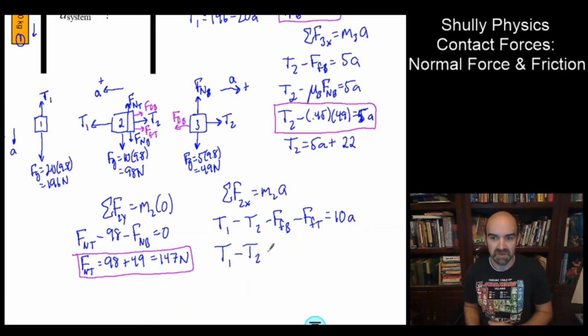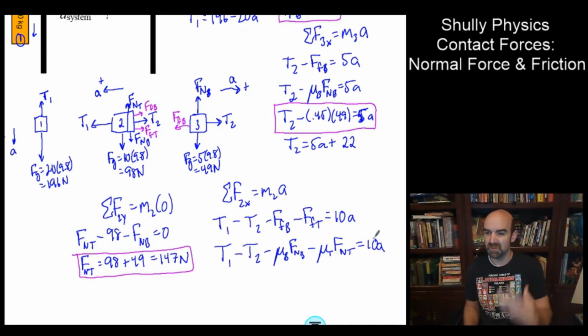let's substitute. This is the kinetic friction, so this is mu B times the normal force of the blocks, minus mu T, the table friction, times the normal force of the table, equals 10A. Be meticulous. Don't forget any piece of this here.